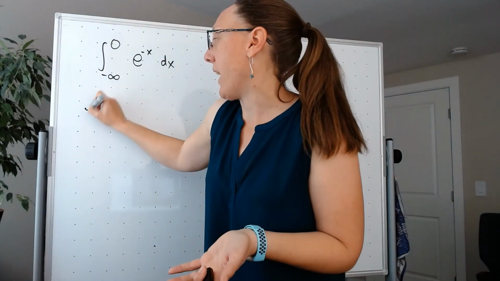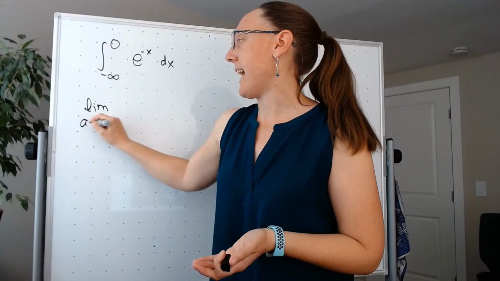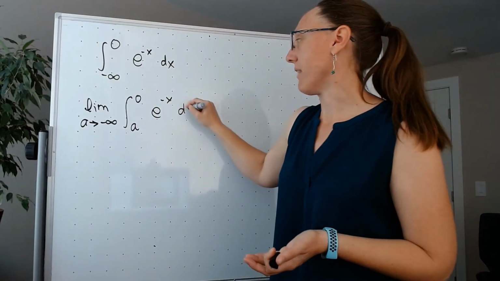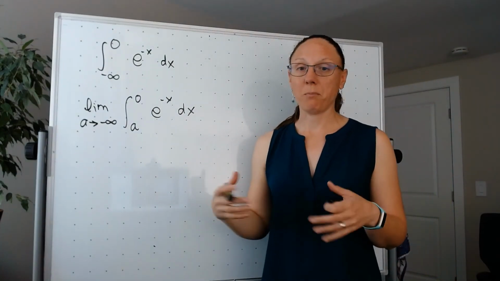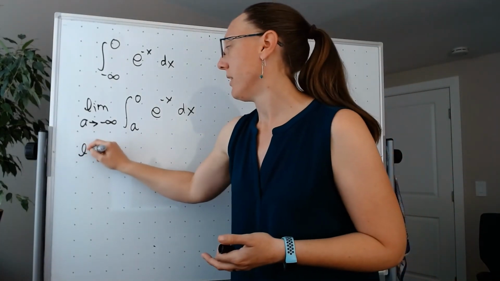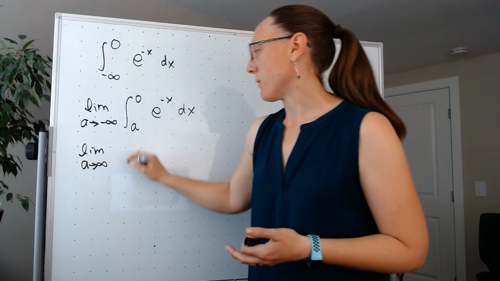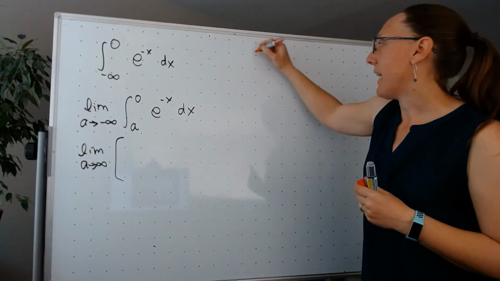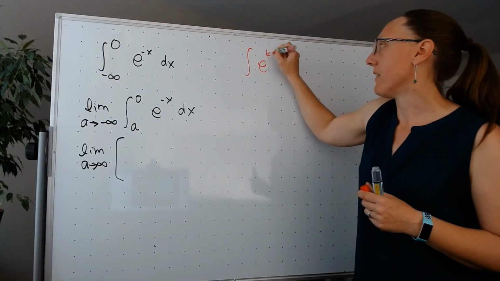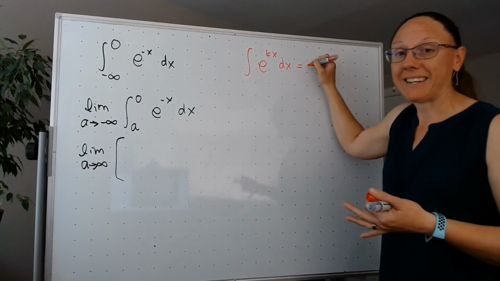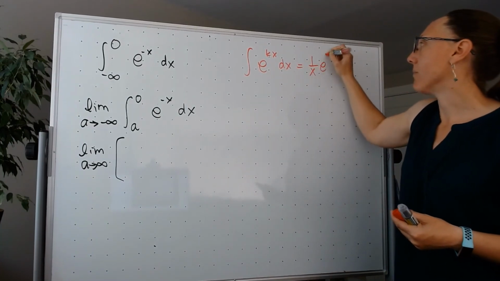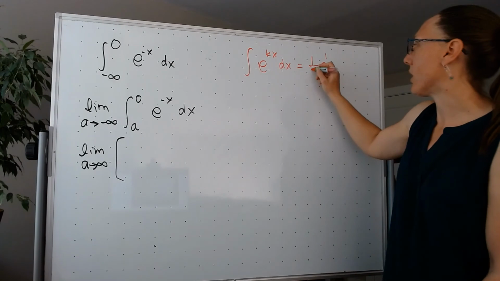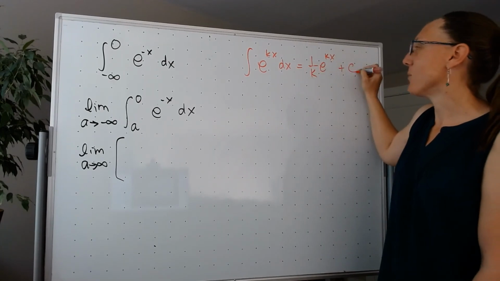I'm going to choose to use A and say we're looking at the limit as A approaches negative infinity, of the integral from A to 0 of e to the negative x dx. Just like on the previous problem, I'm going to start by finding the antiderivative. And we could write out a u substitution here, but I'm not going to. I'm just going to remember for myself that anytime we're taking the integral of e to the kx dx, that antiderivative is 1 over k, e to the kx plus c.